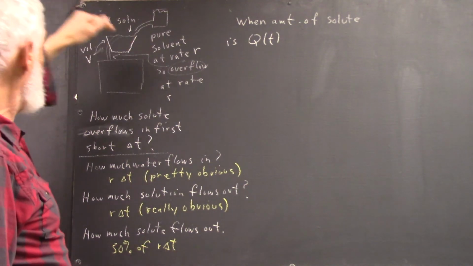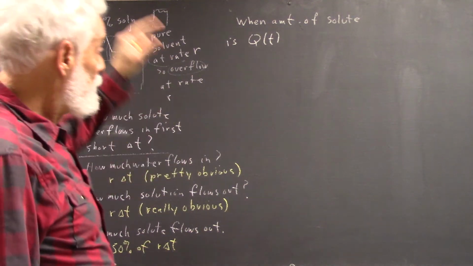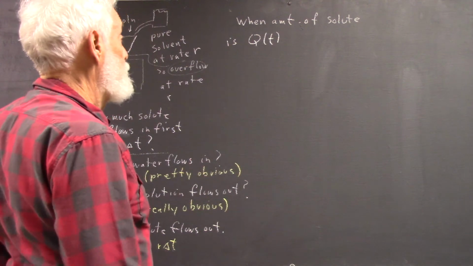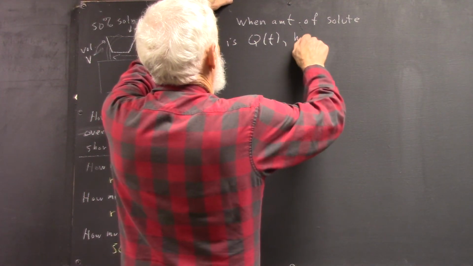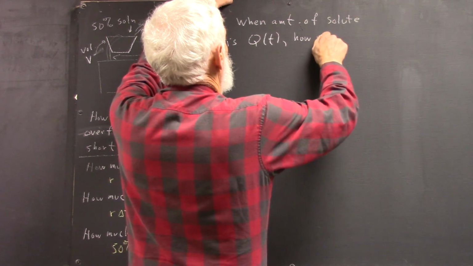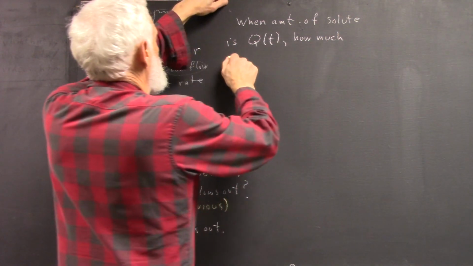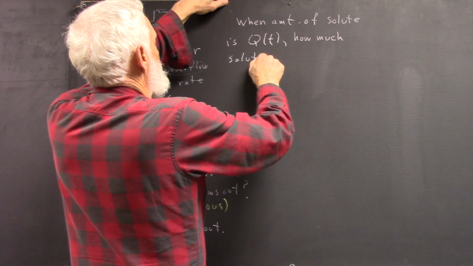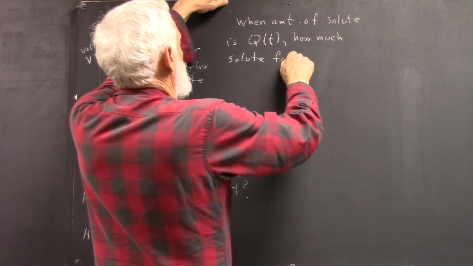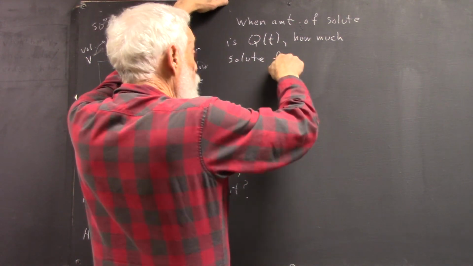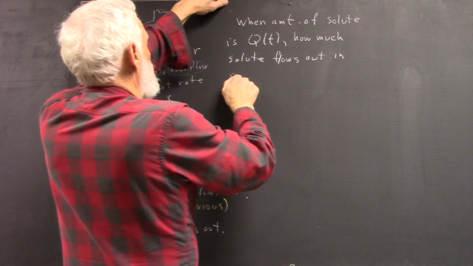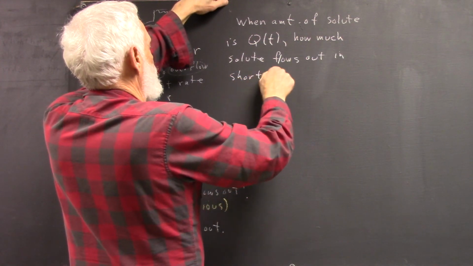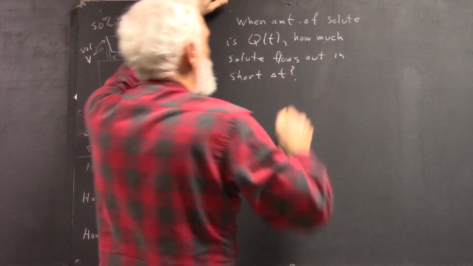The amount of Dr. Pepper in this example. But the amount of solute is Q of T, then the question is, how much solute flows out in a short time interval, delta T.